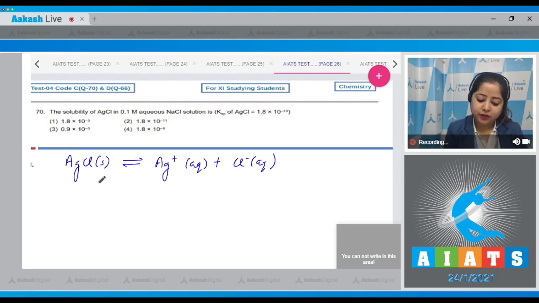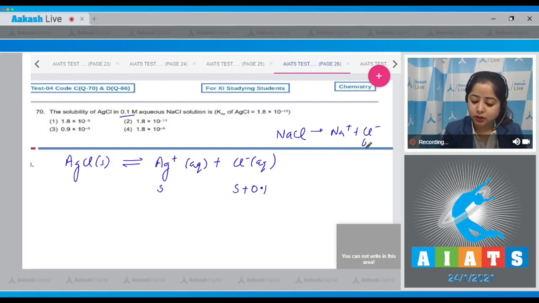If the solubility of AgCl is S, then the Cl- concentration will be S plus 0.1. This 0.1 comes from NaCl. NaCl dissociates to give Na+ and Cl- ion. So here the concentration of Cl- ion will be 0.1. So in total the concentration of Cl- ion is S plus 0.1.